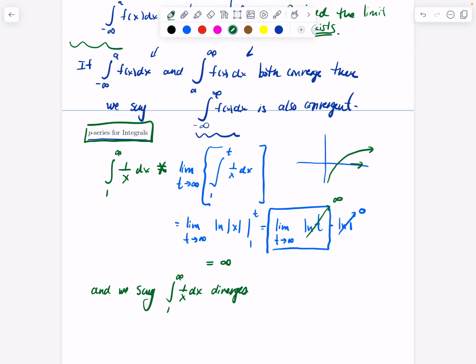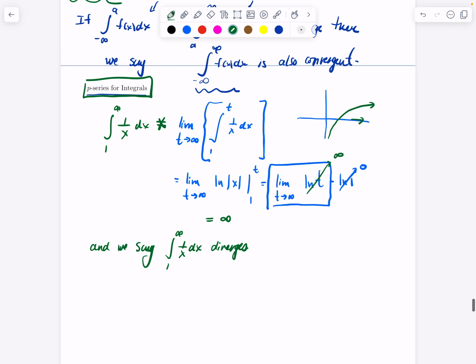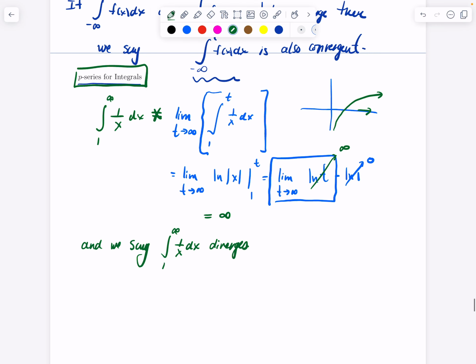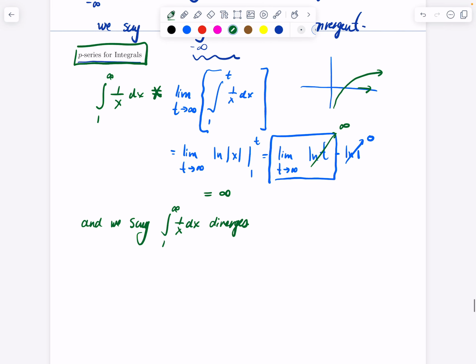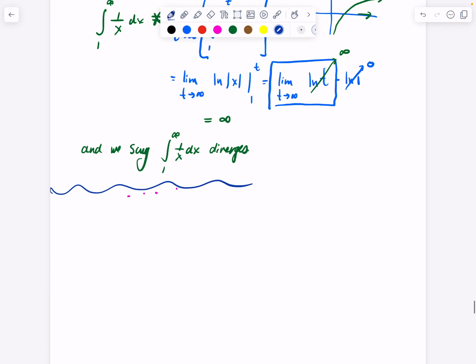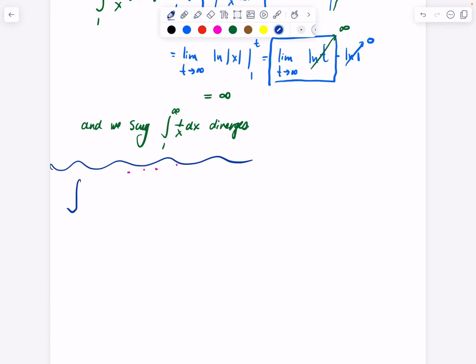Now you might think, well, if it's a positive valued function, perhaps they all diverge. But let's actually consider this one. We're going to look at the integral from 1 to infinity of 1 over x squared dx.